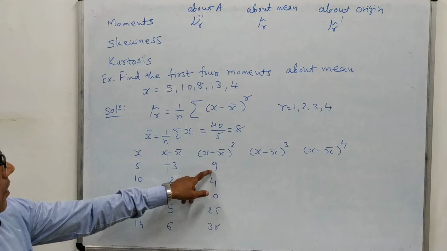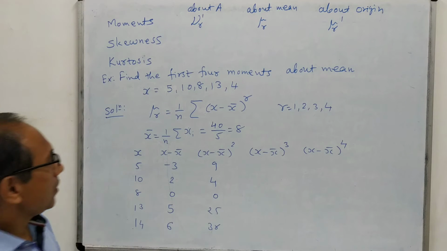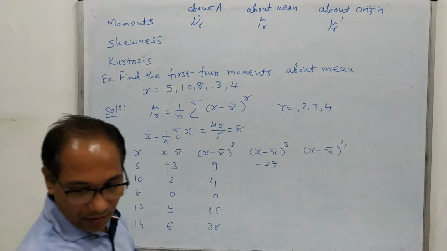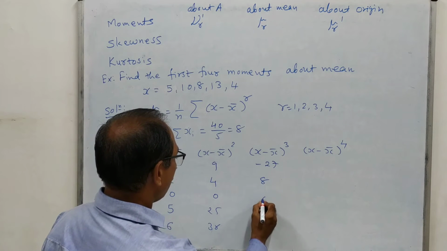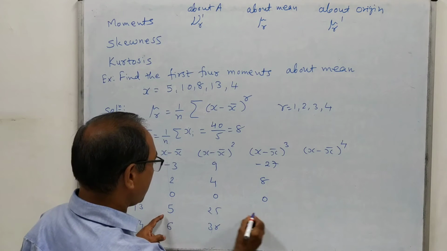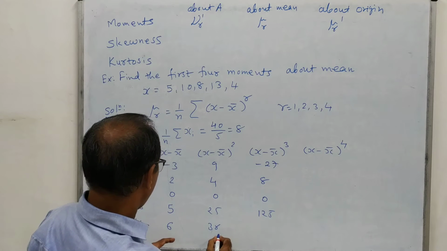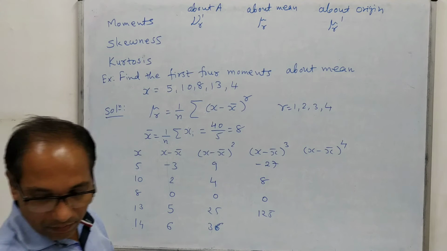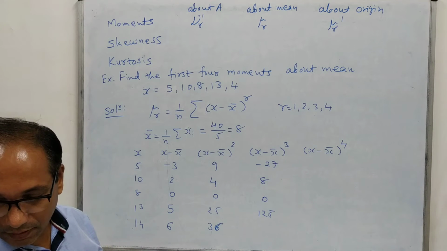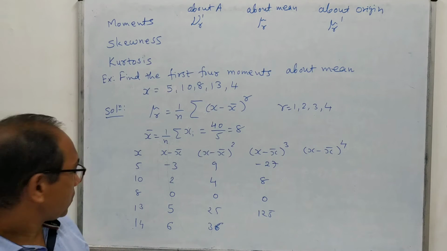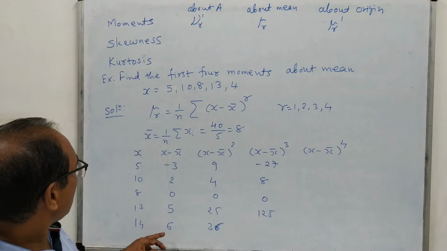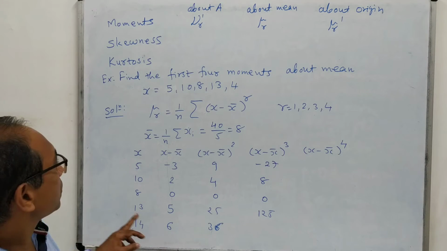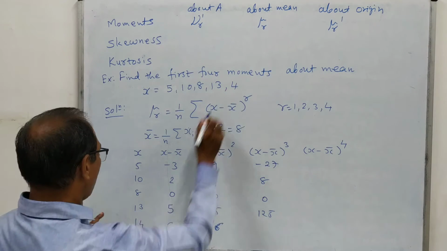That means the multiplication of these two. Minus 27, 8, 0, 125. Sorry, the last number is not 14, this number is 4.